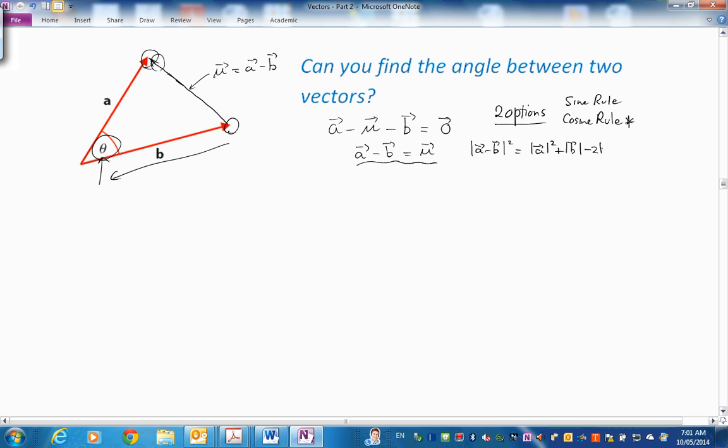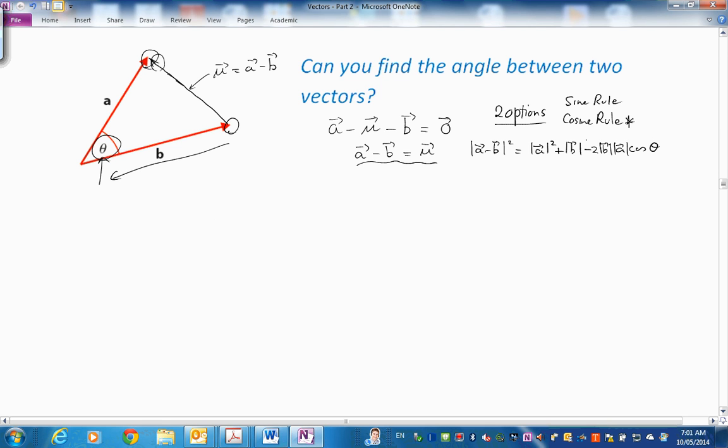Minus twice the product of those two sides, by the cos of theta. That's the cosine rule. We could use that to find cos theta, the angle between two vectors, because it makes sense as we move up in vector land to develop some geometry with it.